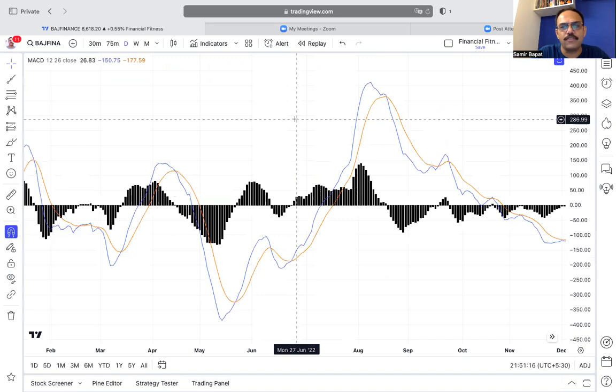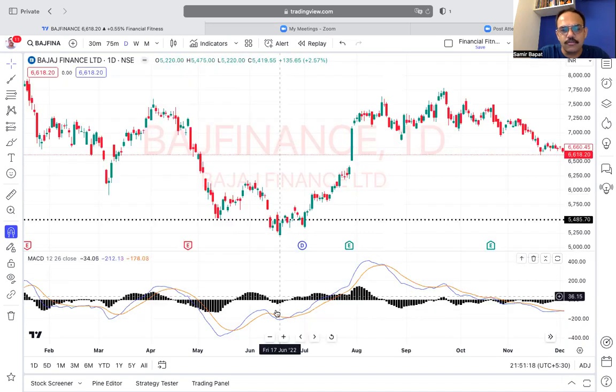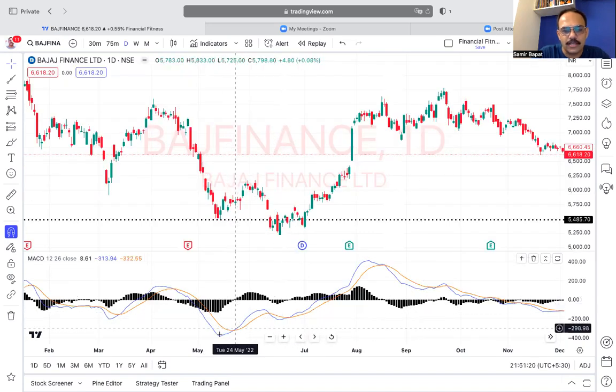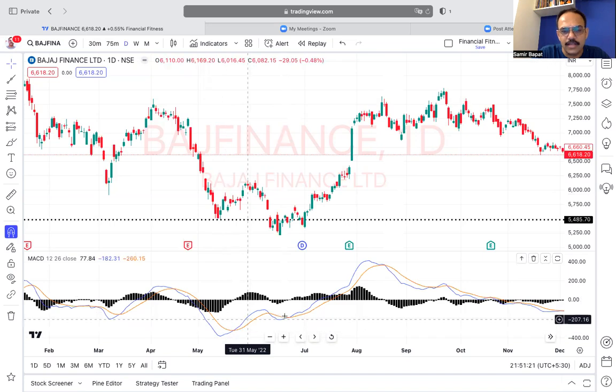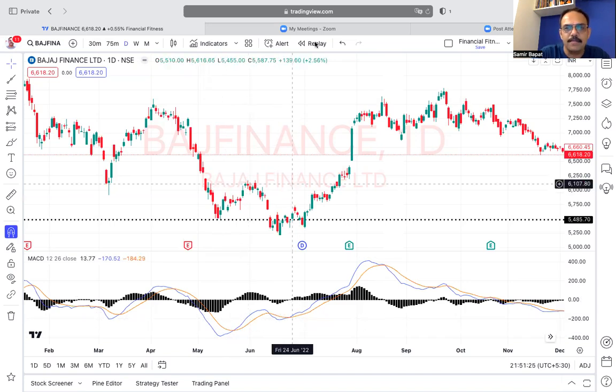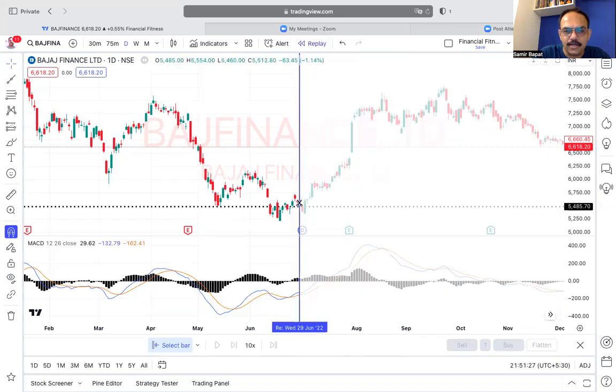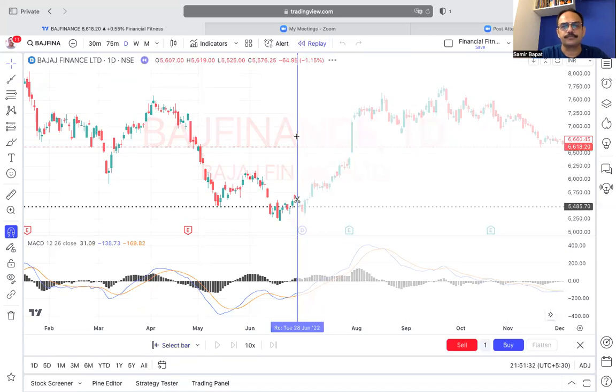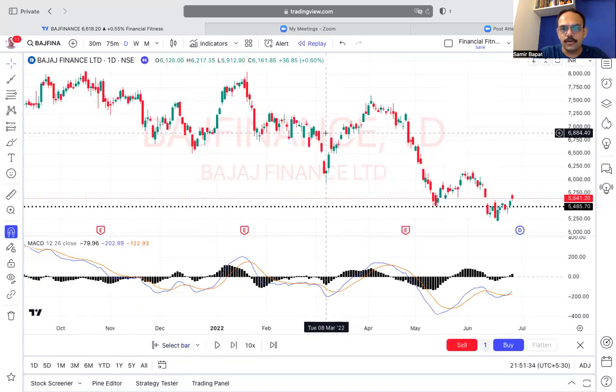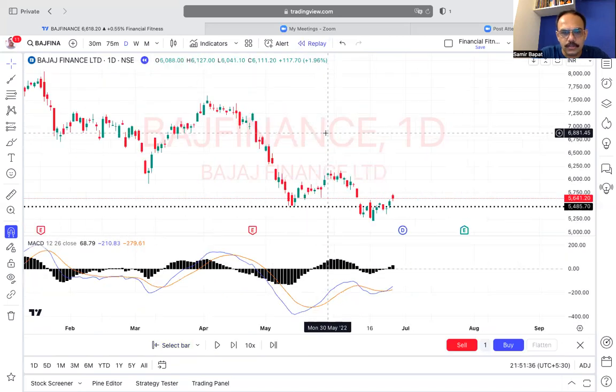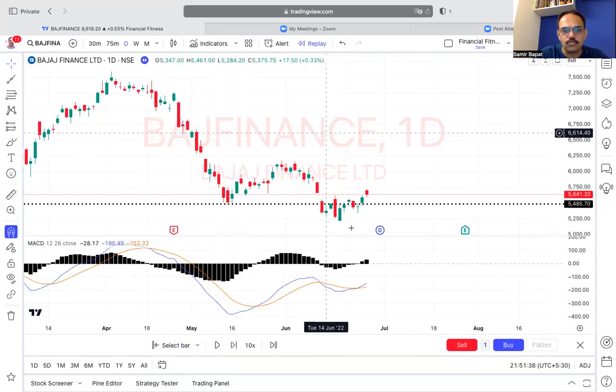So what we should do is find the crossover. See, this crossover is here and this crossover here. Both are crossovers. Let me cut it here. See, there are two crossovers over here.